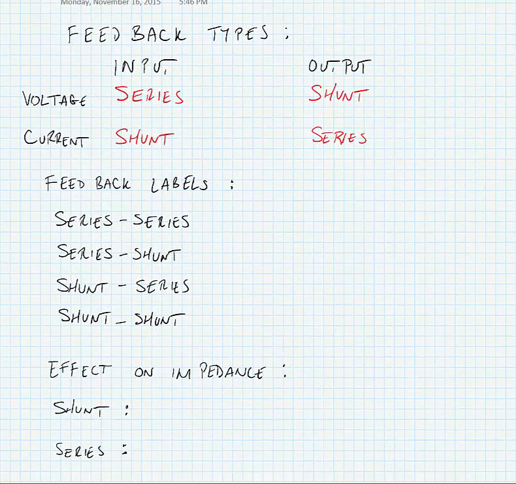Generally, feedback is classified by the connection at first the input and then the output. And so we would label feedback by these connections. For instance, a series-series amplifier means that there's a series connection at the input and a series connection at the output. This type of amplifier is used for a transconductance amplifier.